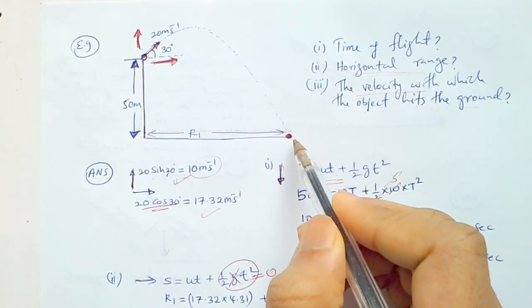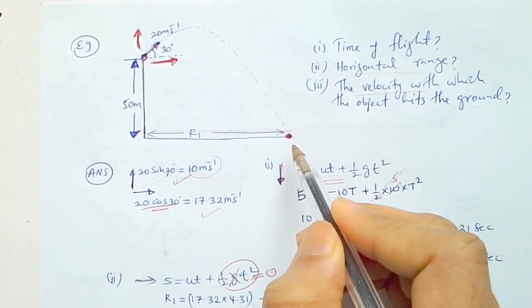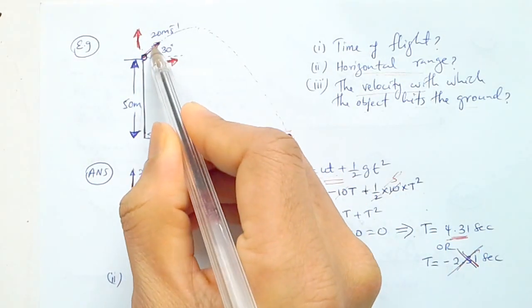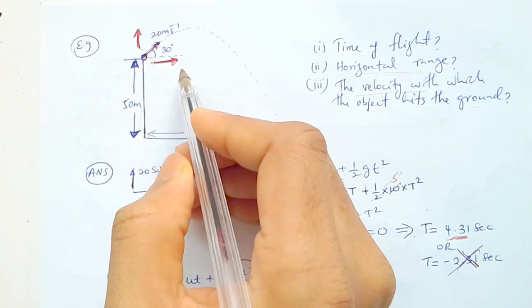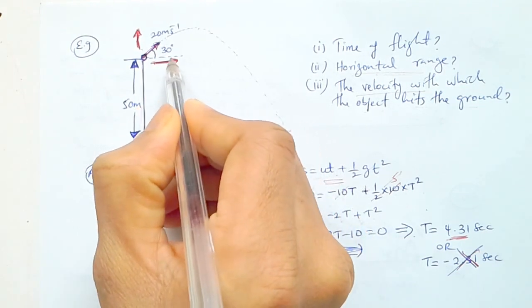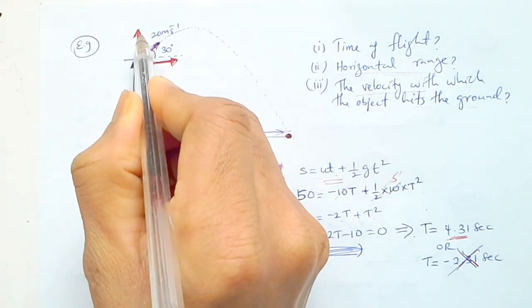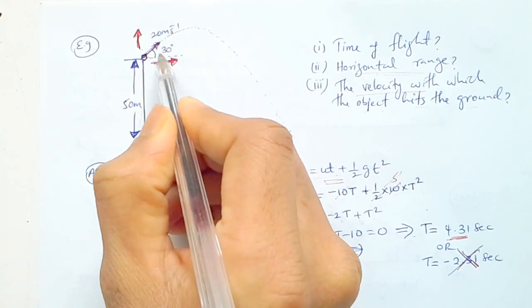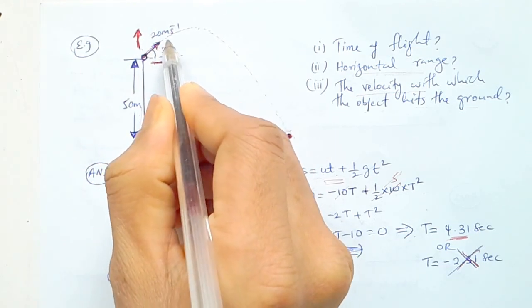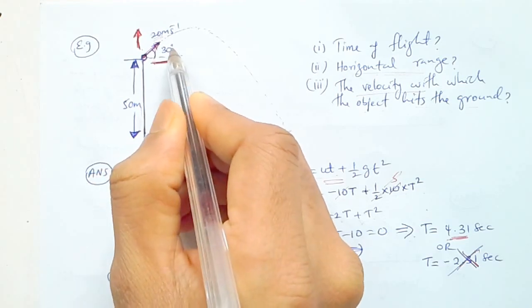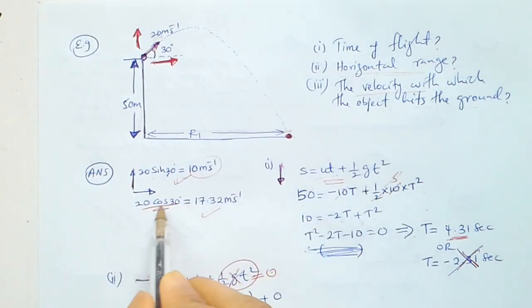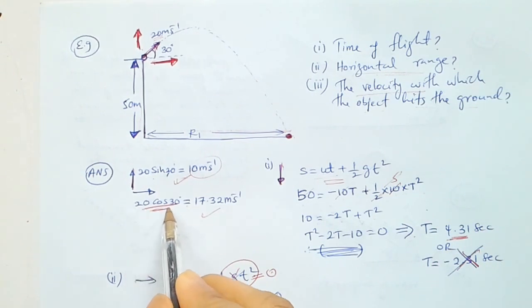So how do you solve this? The first step is you need to divide this velocity into two perpendicular directions. The first direction is horizontal, the other one is vertical. In the horizontal direction, we say cos, so we will get 20 cos 30.